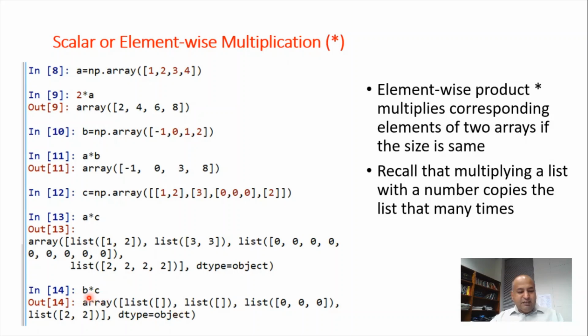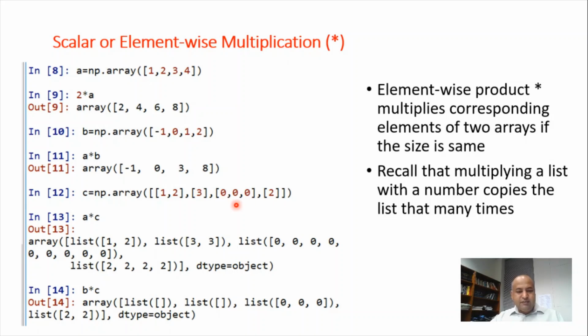As an experiment, let's just see how this C multiplies with list B, because B has this -1 and 0. So when this 1, 2 list multiplies with -1, we get an empty list, because this multiplication is not defined. And when similarly this list 3 multiplies with 0, it means we need 0 copies of 3, so we get an empty list.